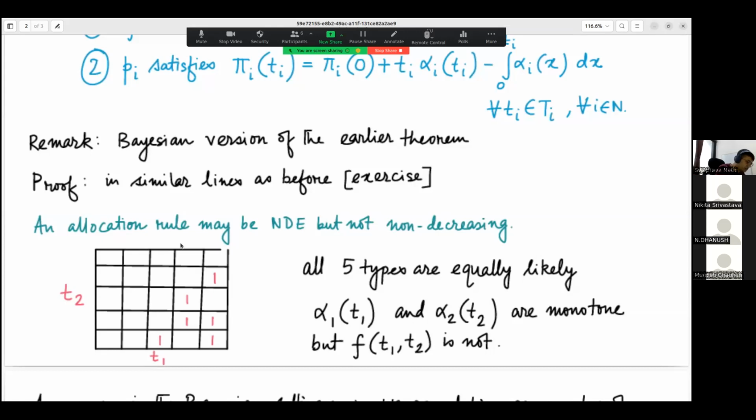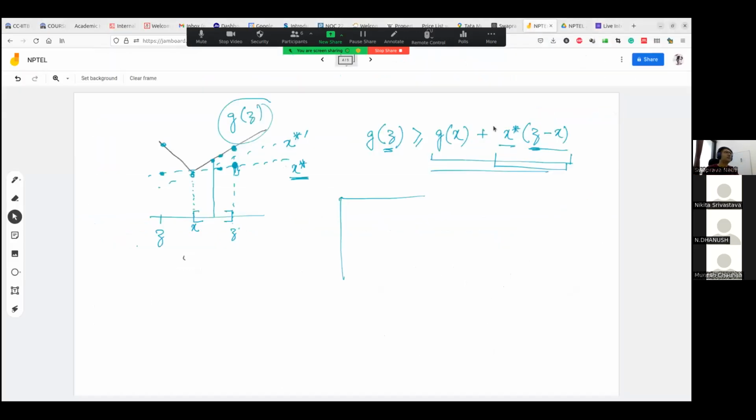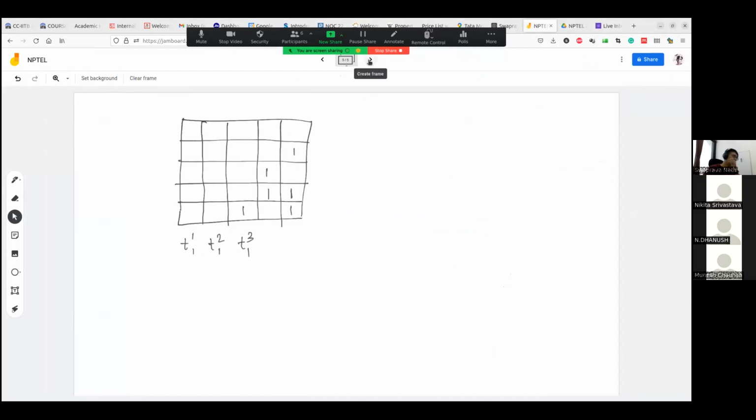I'm just replicating the example to discuss. So there are 5 possible types for player 1, and similarly, player 2 also has 5 possible types: 1, 2, 3, 4, and 5.